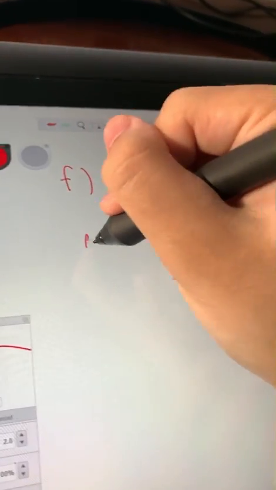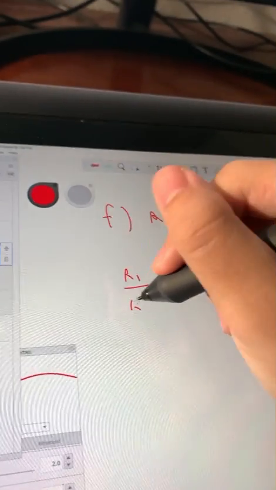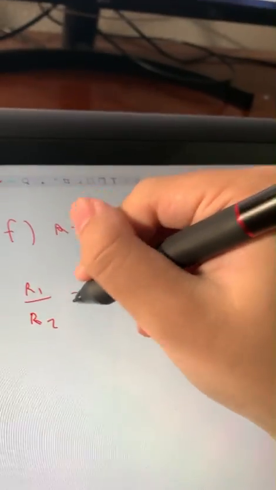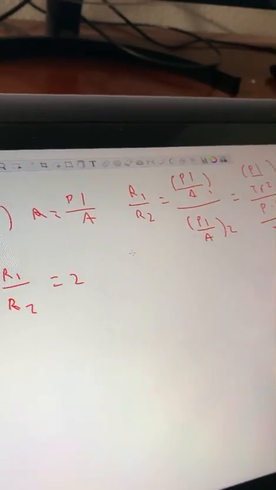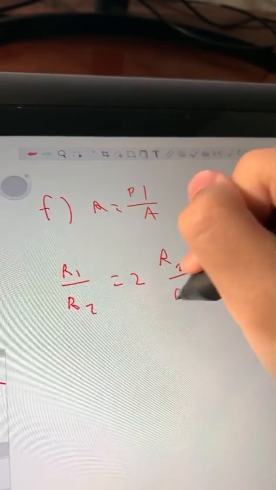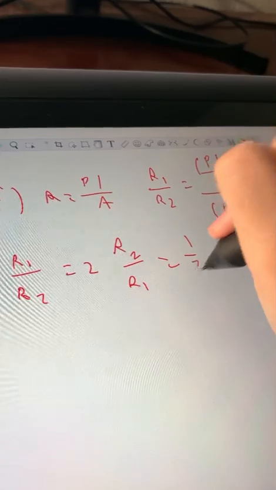And so R1 over R2 will equal 2. But if we do the reciprocal, R2 over R1 will equal 1 over 2 for part F.